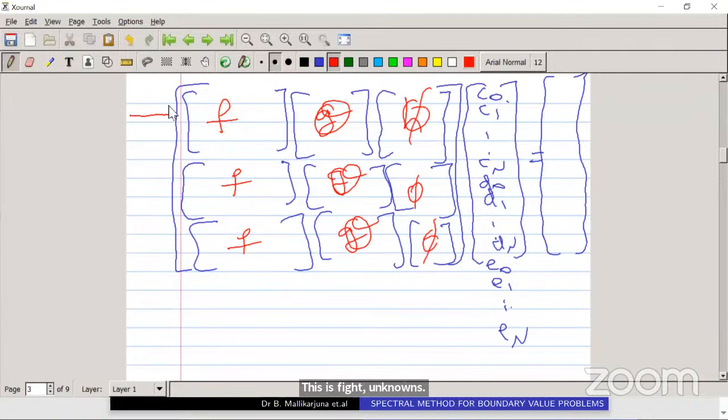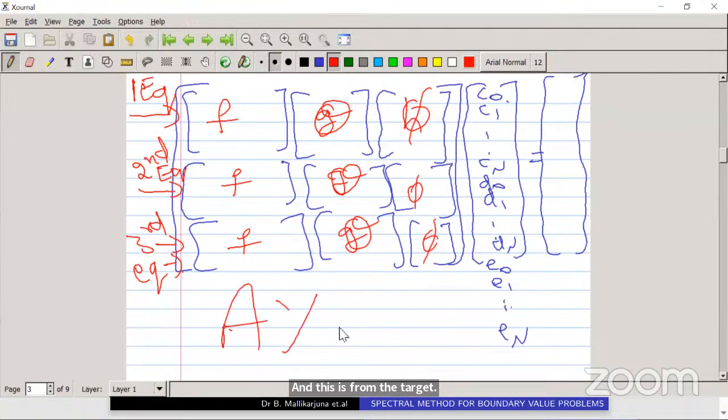But the first row block matrices we get from the first equation. This is from the second equation. And this is from the third equation. Now the complete system is Ax is equal to B. So suppose these I will take as, maybe these I'll take as A11.